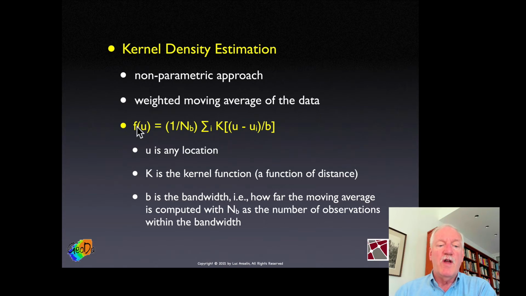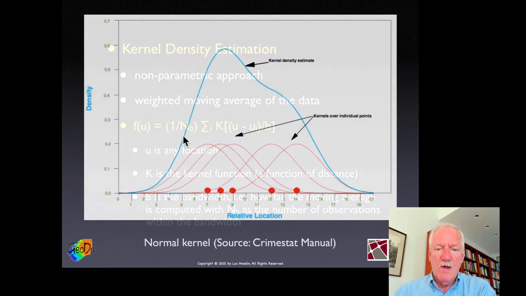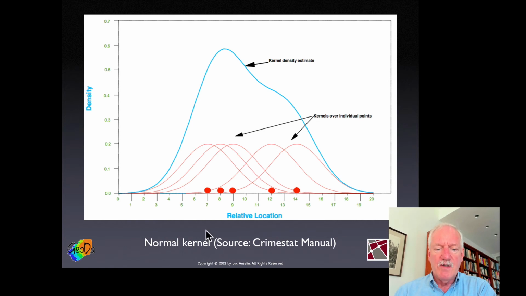So for each point u, we can compute this and then we graph it. And just to make it concrete, let's say this example, I like it a lot. It comes out of the CrimeStat manual. CrimeStat is another package to analyze particularly patterns of crimes, but it's any kind of event.